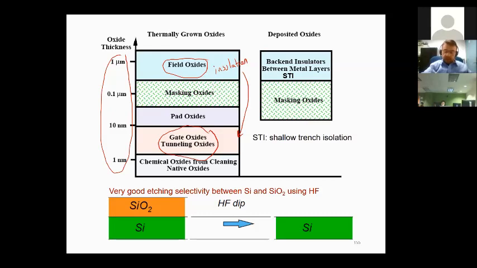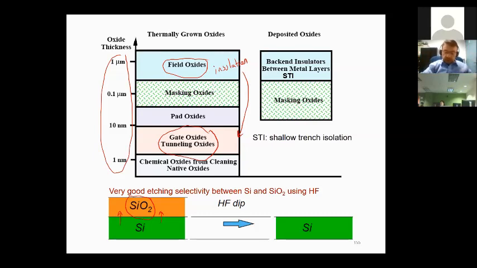The good thing about silicon dioxide is, as a native oxide, it already forms on the top without putting a lot of tension on the underlying layer. It just gradually grows by itself. Even in a normal room temperature environment, it does grow.